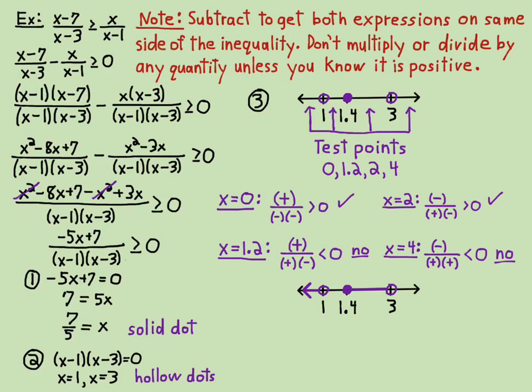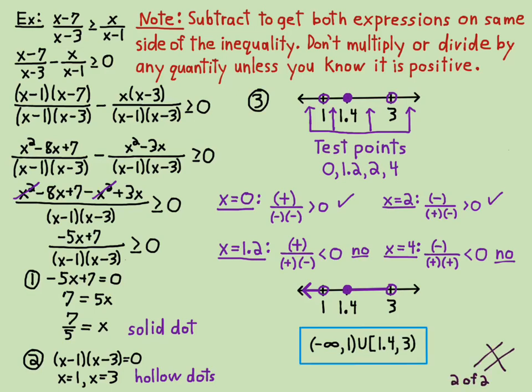Left arrow is negative infinity, right? So negative infinity to 1, and 1.4 to 3, and make sure you use a square bracket on the 1.4, because that point's included in the solution set. And that's it. That's an example of solving an inequality, a rational inequality.